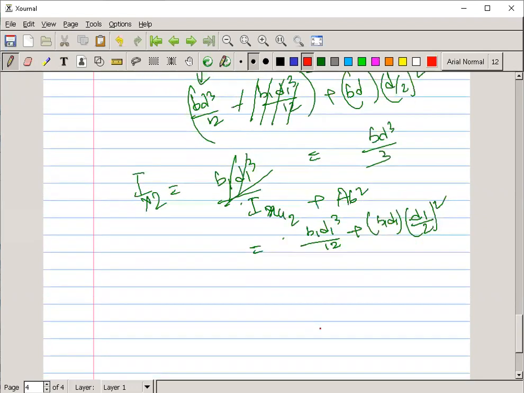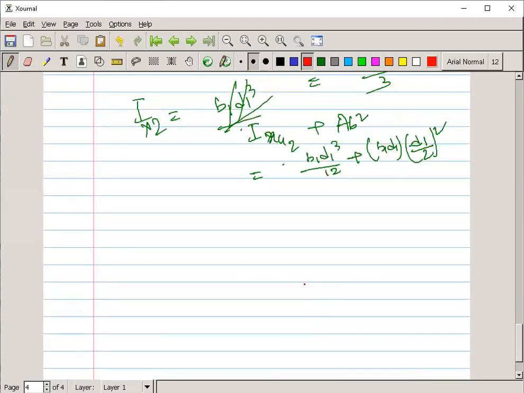Now, in a similar manner, you can easily find out I of x, which is I of x1 minus I of x2.